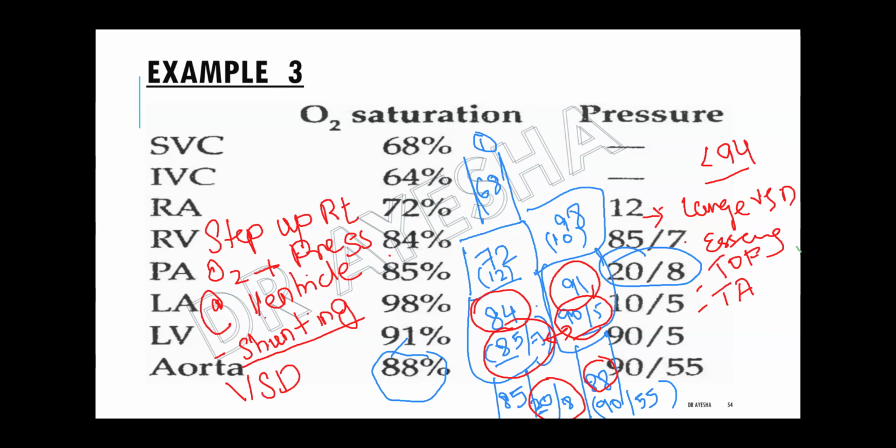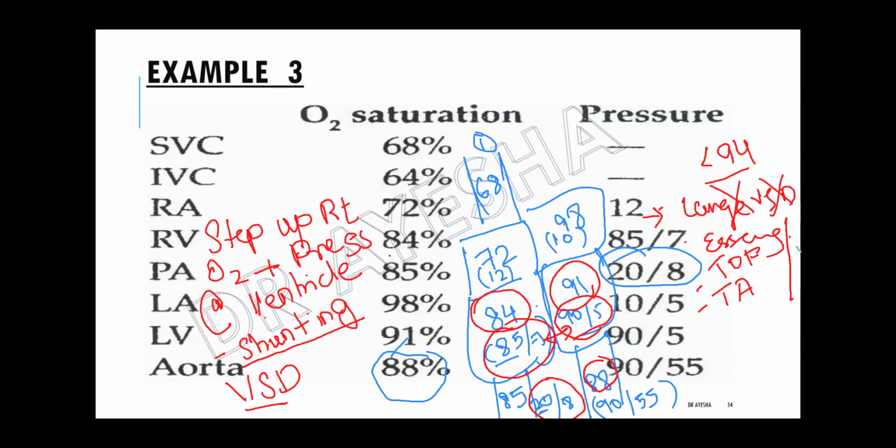Because we are dealing with acyanotic heart disease today, we have excluded large VSD, as VSDs are acyanotic heart disease. So now you are dealing with Eisenmenger, tetralogy of Fallot, or truncus arteriosus. Now you have to exclude them one by one. I'm going to exclude them for you. You have already decided there is a VSD. Of course, there is a connection.